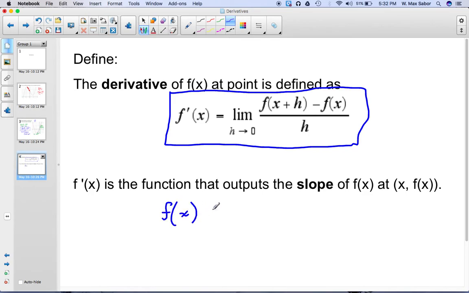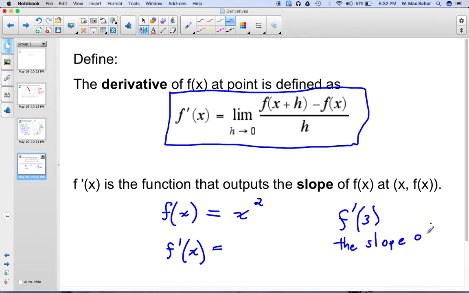So what that means is, if I want to know the slope of some equation, if I find the derivative of that graph, I can use this derivative and say that, okay, f prime of 3 means the slope of f of x at 3, or when x equals 3.